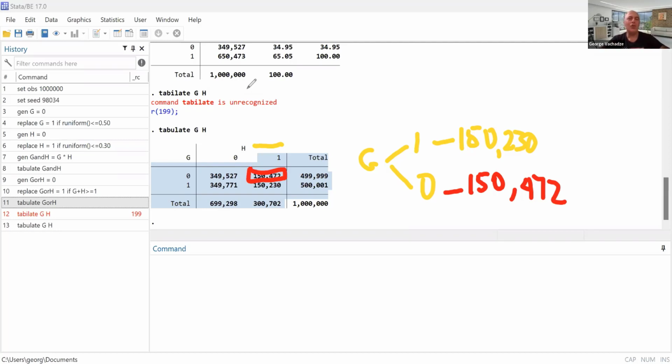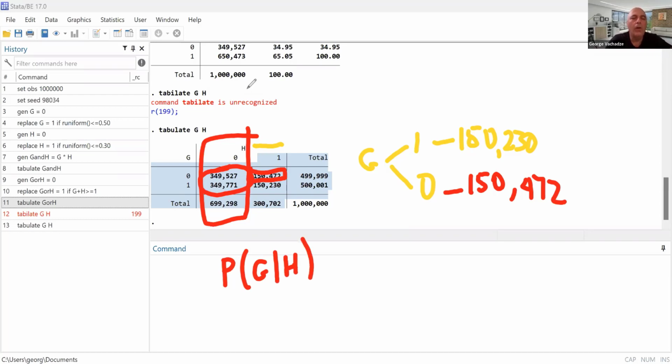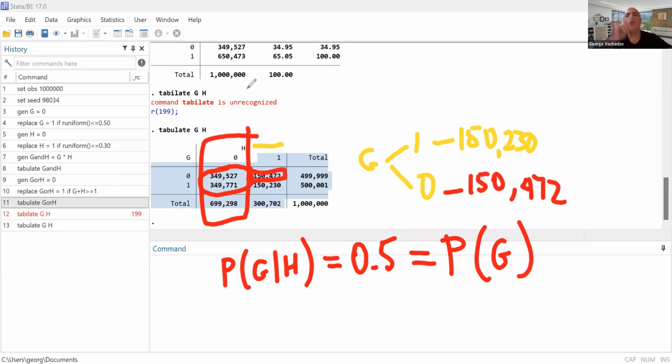And the same is true even if H takes value 0. If you are in this rectangle, those two numbers are still equal. So that means the probability of G given H, no matter what the value of H, either 1 or 0, would be 0.5. Or in other words, this is the unconditional probability of a student taking the science class.